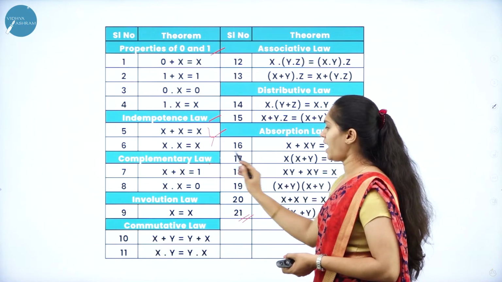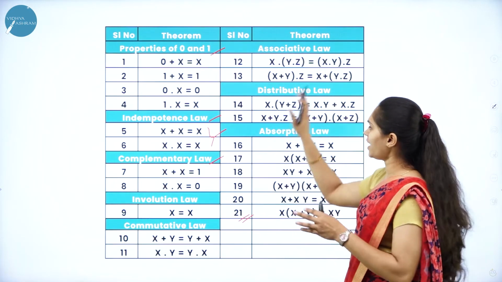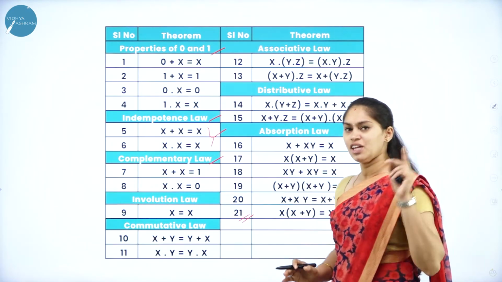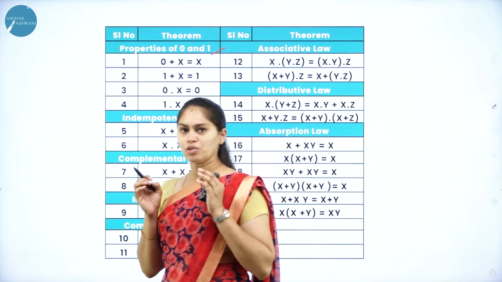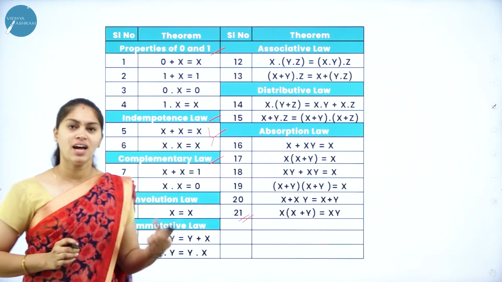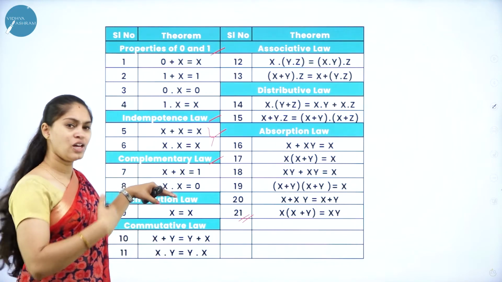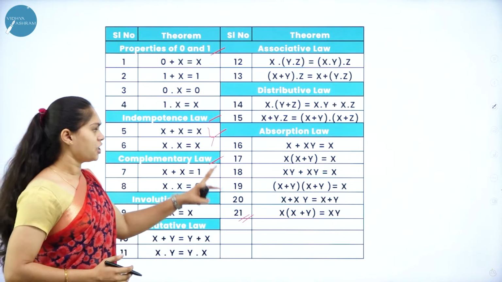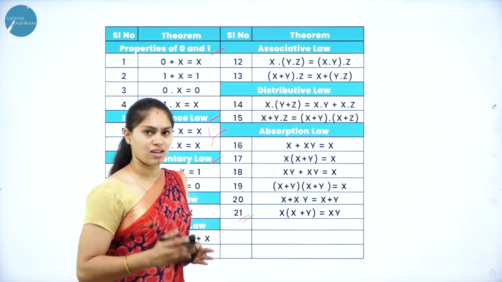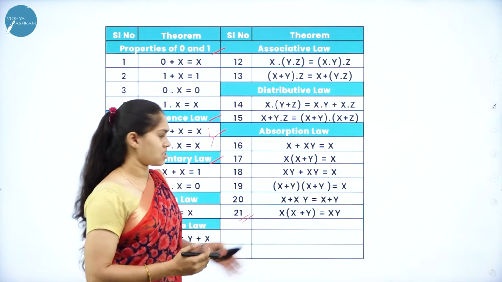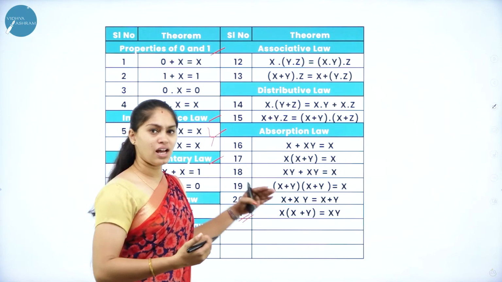And also we have the complementary law. Whatever I have mentioned as the law here, your main thing is what? You have to understand its definition and learn which Boolean expressions come under which law. Along with that, you have to understand how to solve or how to get a proof for this. So take the LHS and prove the RHS.